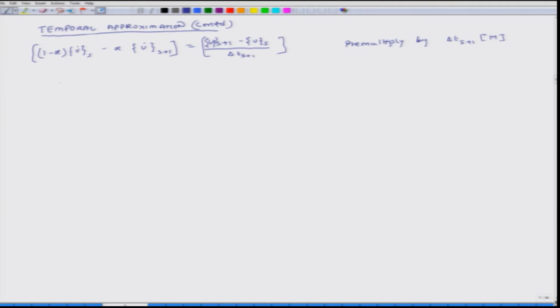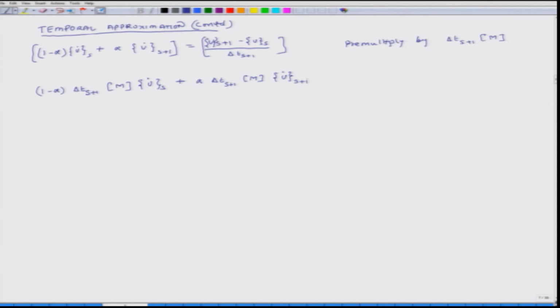So what we get is 1 minus alpha times delta t s plus 1 times mass matrix M times u dot at time step number s, plus alpha times delta t at the s plus 1th time step multiplied by mass matrix M times the time derivative at time step s plus 1.